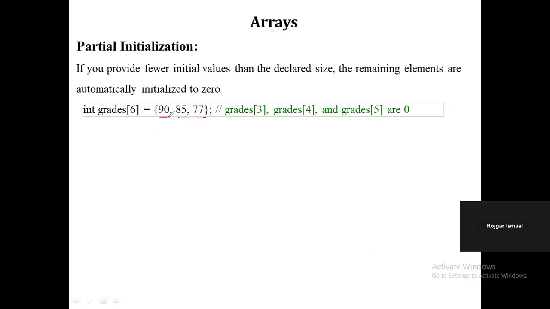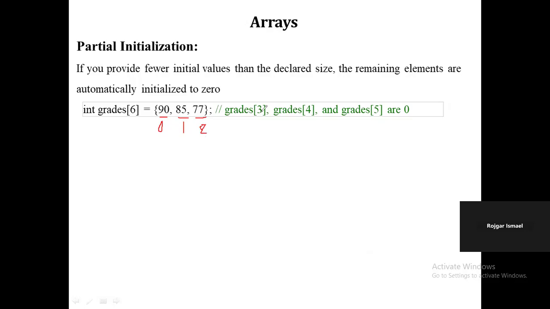In this case, the value of 90 in this array is index 0. As you know, the array is 0-based index. 85 is index 1, 77 is index 2.